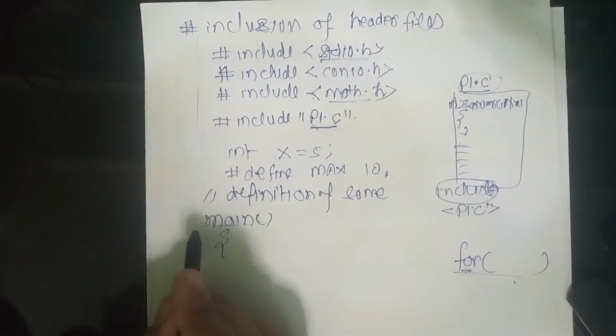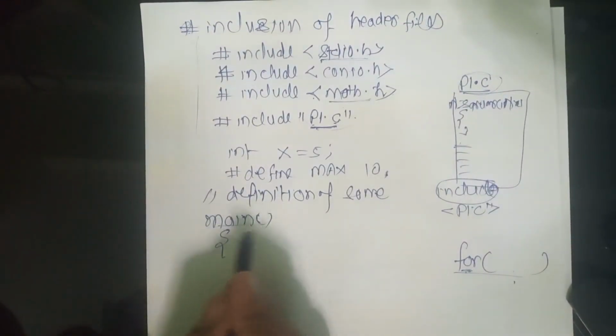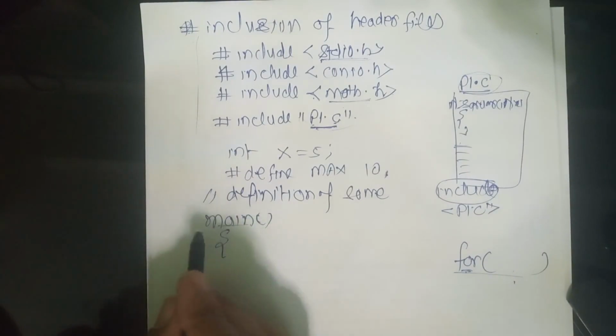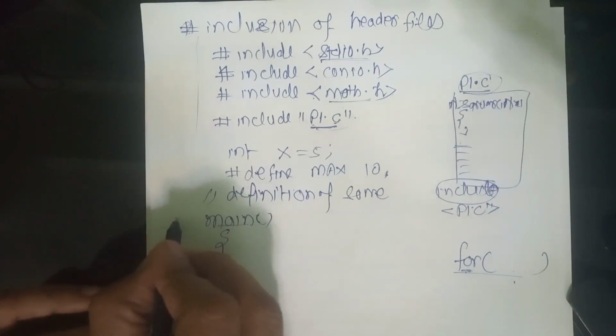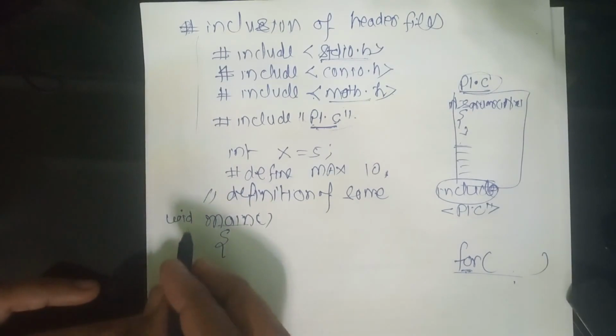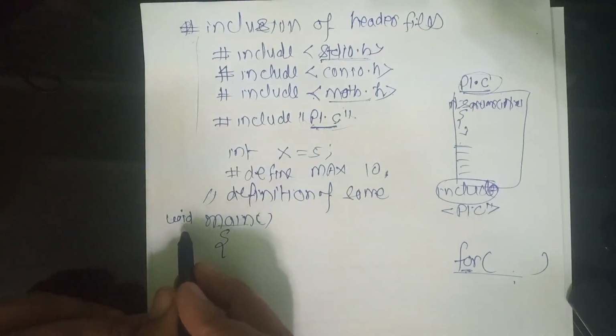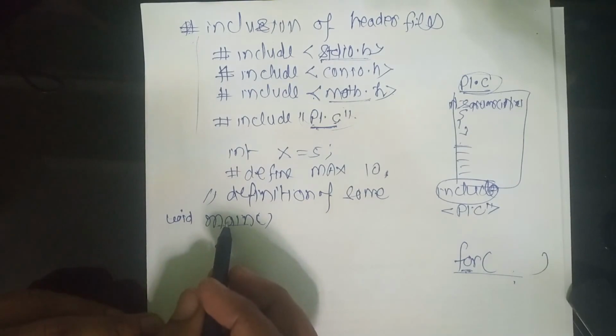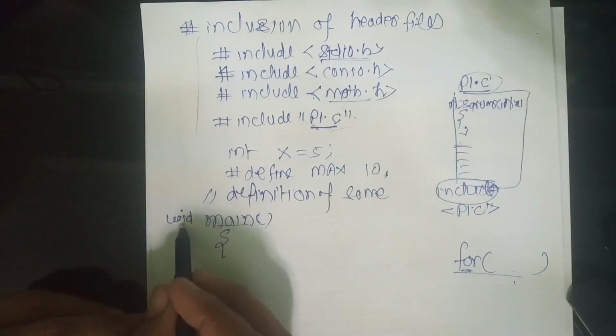Now next thing: in the function, we can write the return type of the function. It could be int or void. Right now we are writing the void keyword, because each function returns some value, and if it is not returning any value, then we show it with the void keyword.